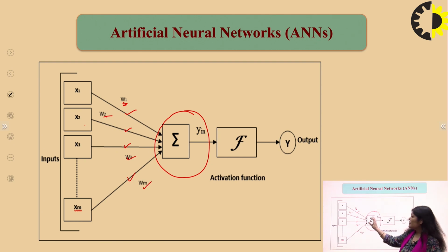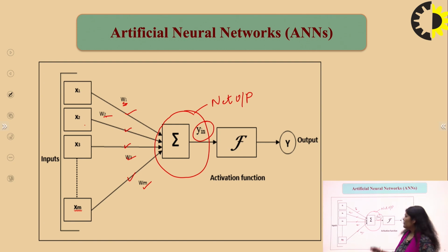Now, all these inputs and the weights are being fed to this summation node. And whatever sum is generated from here, we call it the net output. And the net output is here denoted by Yn. So the net output is just the sum of the products of these inputs and the corresponding weights.